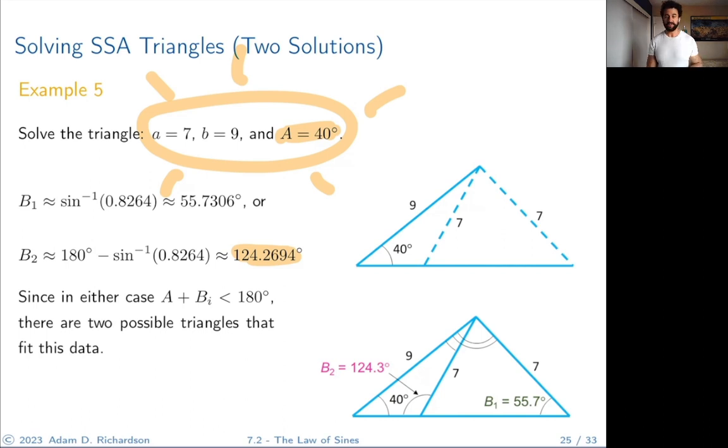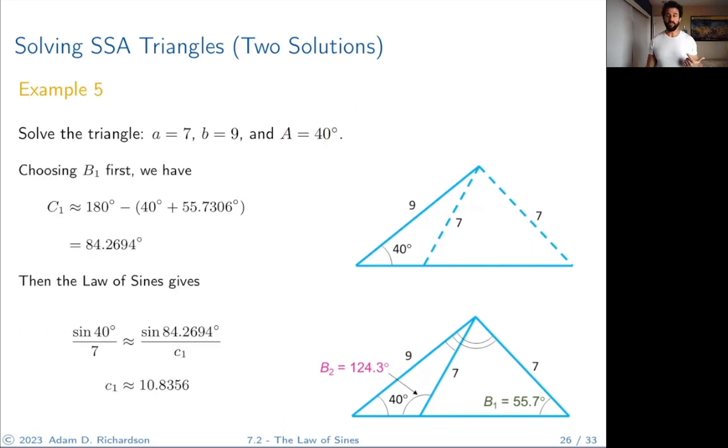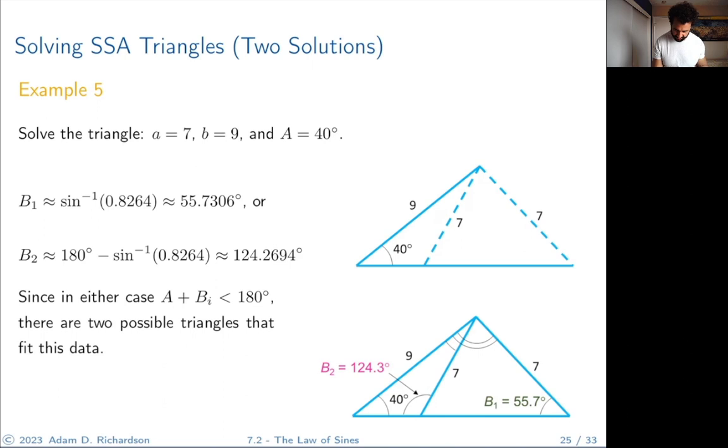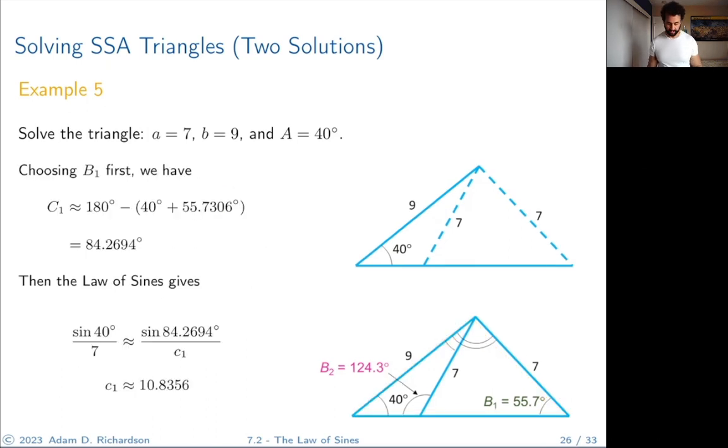All right, so now let's proceed. Let's go with B1 first. Sorry, I have too much stuff on this page, so let me erase this. So we're going to do this triangle first. If we look at B1, then we can solve for everything else. The angle C1 is going to be 180 minus the sum of A and B1.